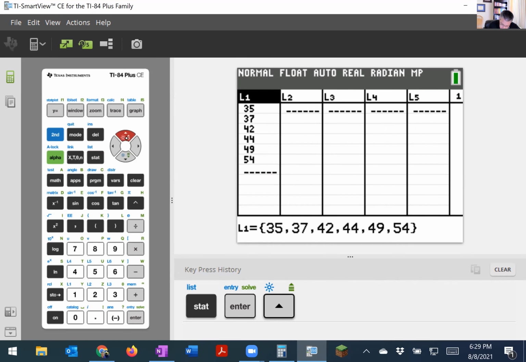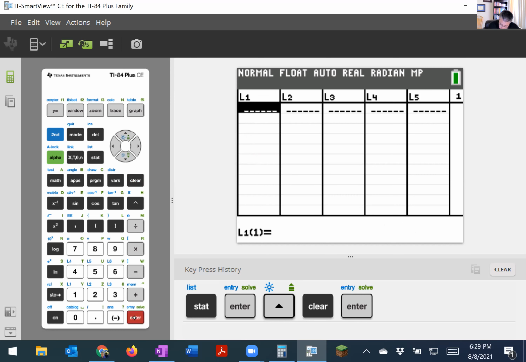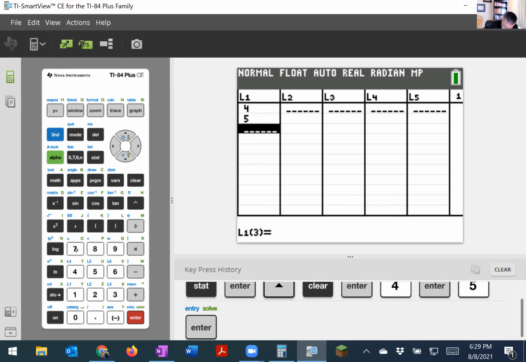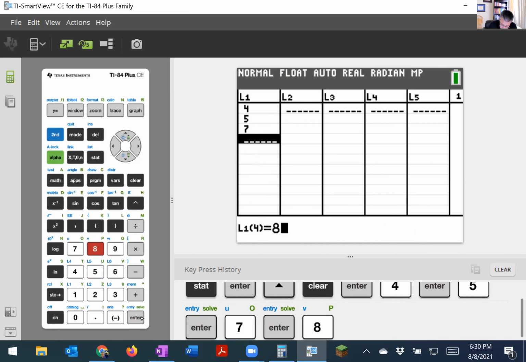So I'm going to click up, clear, enter. And that clears my list. And then I'm going to put in these values that I want to calculate the standard deviation for. So let's do the last one. Let's do 4, 5, 7, and 8.